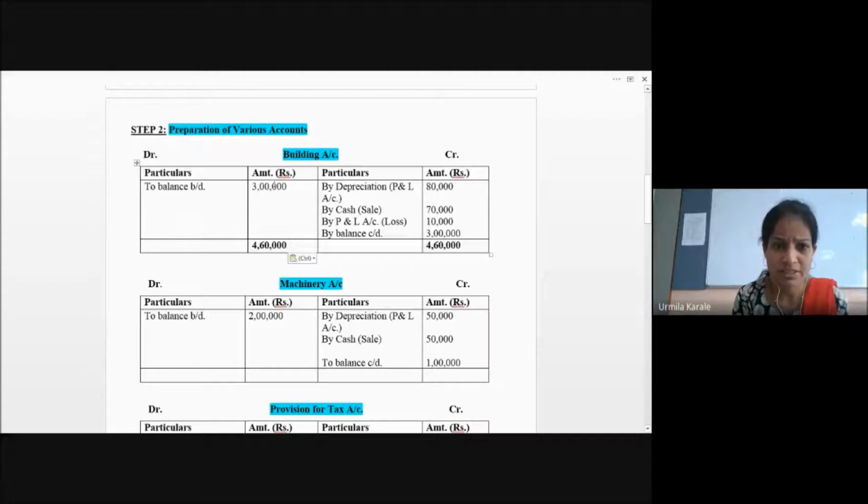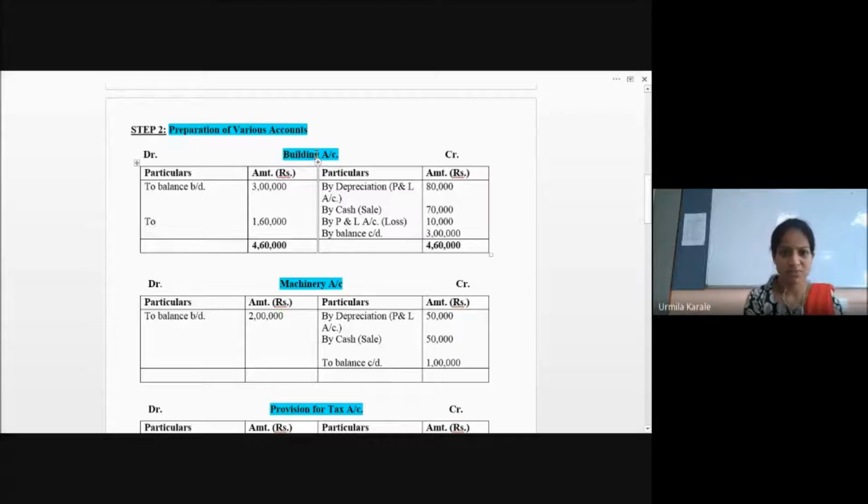Out of this, already 3 lakh is here. The missing balance is 1 lakh 60,000. Balancing of accounts, if you remember, 4 lakh 60 means already 3 lakh is there. Only 1 lakh 60 is missing. Now what may this missing amount be? When your asset accounts get debited, you are buying more assets. This is a real account. What is the rule?